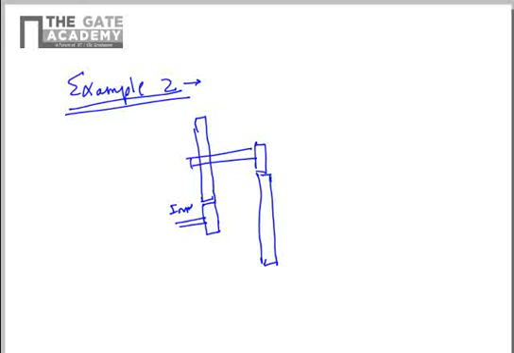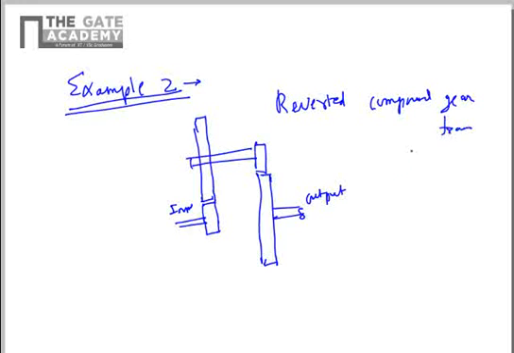This is the special case of a compound gear train where the input and the output shafts are along the same axis. So this is called a reverted compound gear train, if you remember. It means input and output are on the same axis.